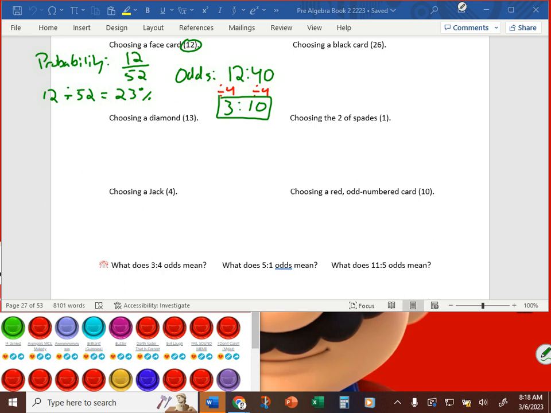Do the next one on your own here. Choosing a black card. There are 26 of them. Write it as a probability, as a fraction, and a percentage. And then write the odds.